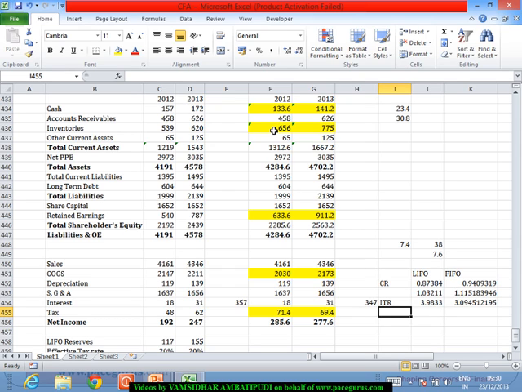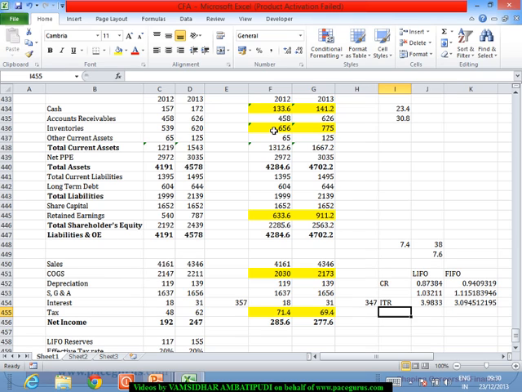Numerator is lower, which is cost of goods sold. Inventory is higher, which is the denominator. So both of them are affecting the FIFO method, because in the FIFO method we see that cost of goods sold is lower and the inventory is higher compared to the LIFO.